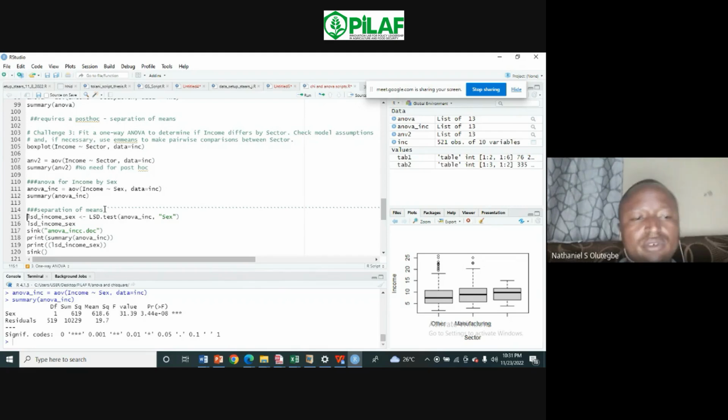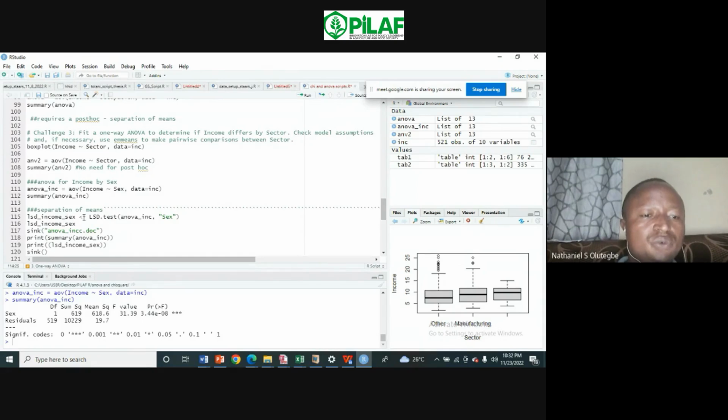LSD is just one. We have Bonferroni, Tukey, Scheffe, Duncan. LSD is very simple and easy to interpret.